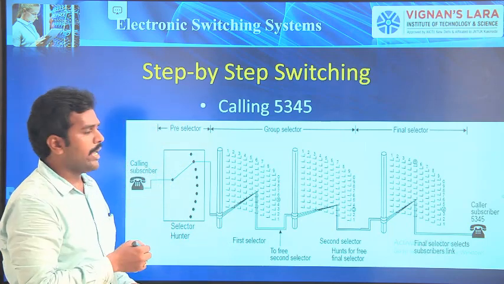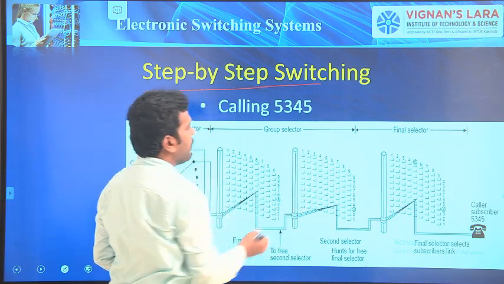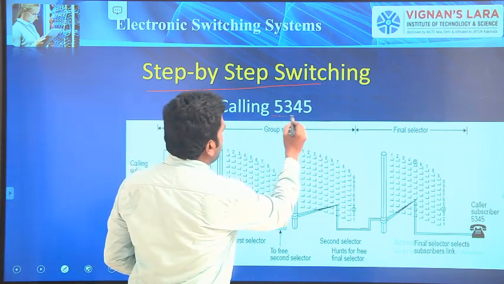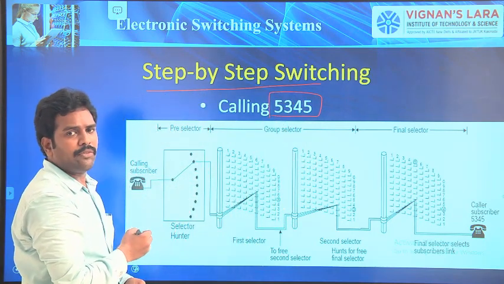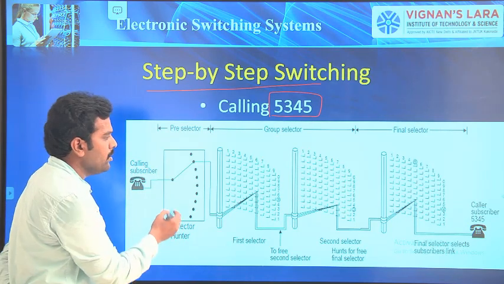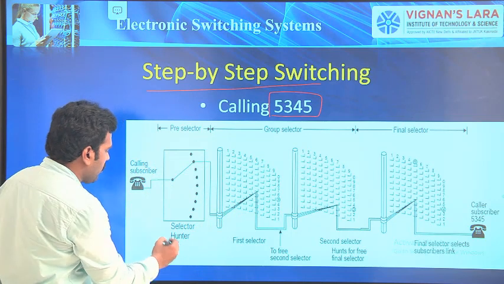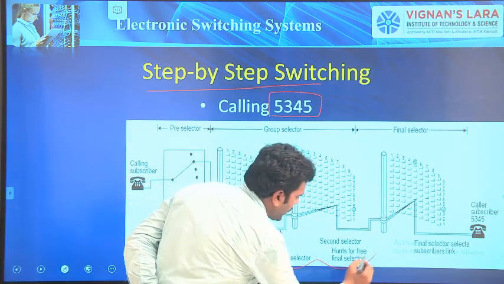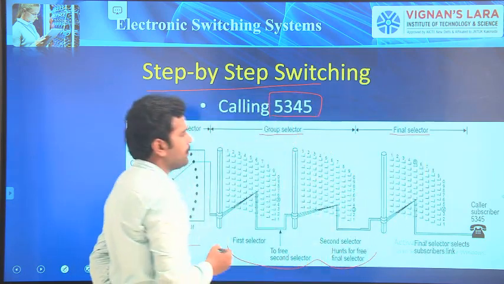Now we see the exact mechanism of how this step-by-step Strowger system will operate. My objective is to call a subscriber having the number 5345. Any such system contains three parts. One is called a selector hunter, another is called a group selector, and the last is the final selector switch.